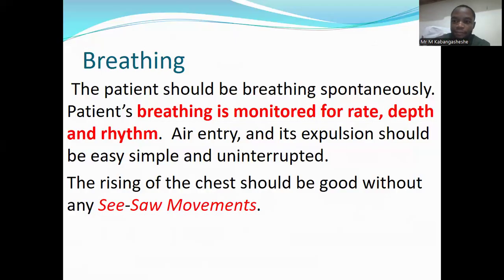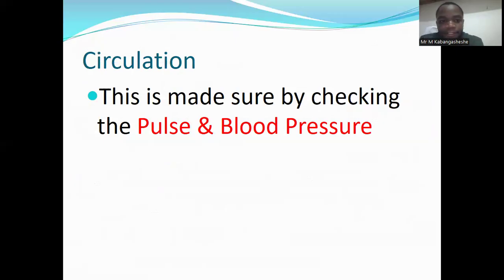The diaphragm will rise and fall, rise and fall, and that causes changes in pressure in the chest, what we call intrathoracic pressure. The intrathoracic pressure drops during inhalation. Intrathoracic pressure increases during exhalation in response to rising and falling of the diaphragm. When you see seesaw motion, that mechanism is affected and the patient requires emergency intervention.